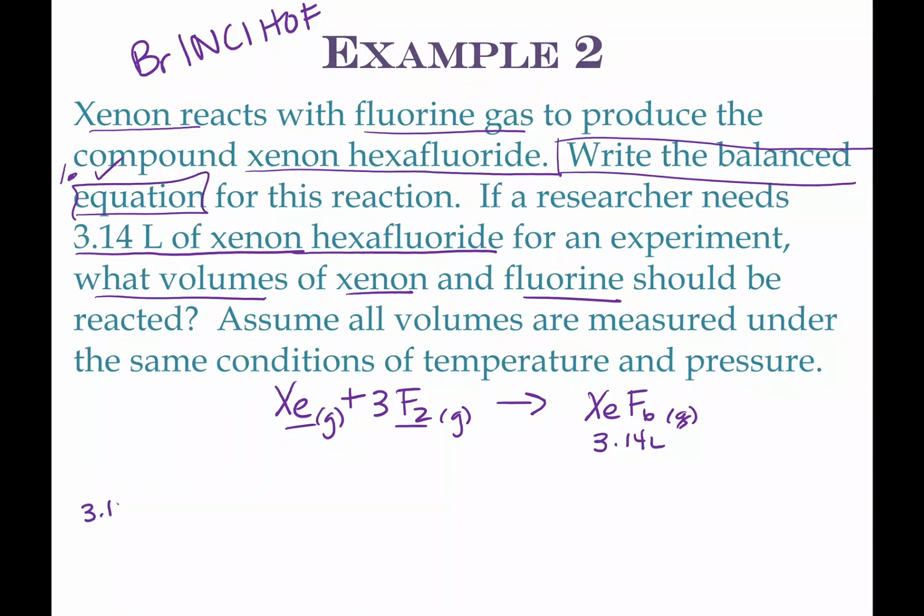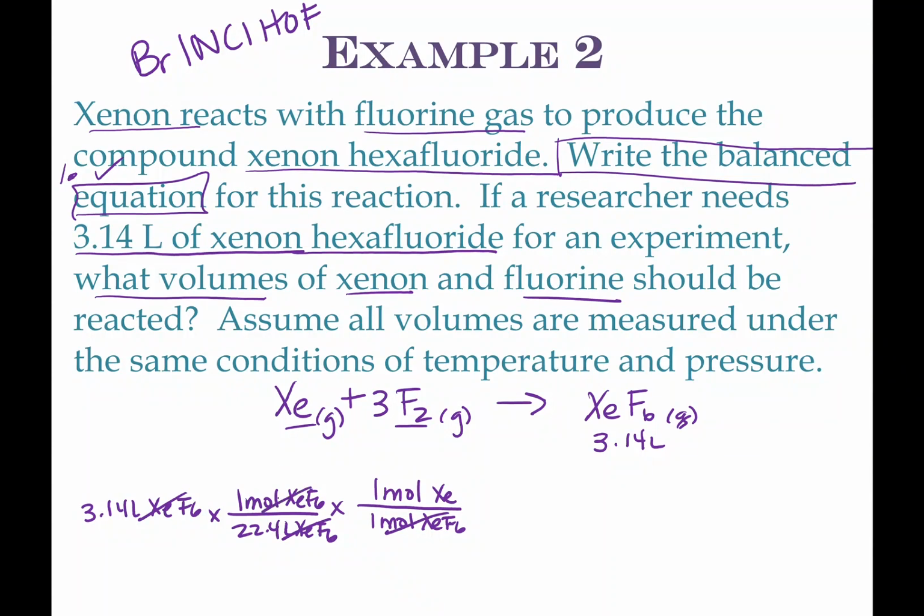So it's 3.14 liters of XeF6. For every 22.4 liters of XeF6, we get 1 mole of XeF6. So this is how we're used to doing things. We go to moles, so now we're in moles, and for every 1 mole of XeF6 that forms, I need 1 mole of xenon.